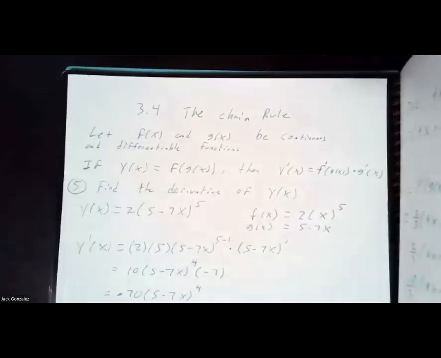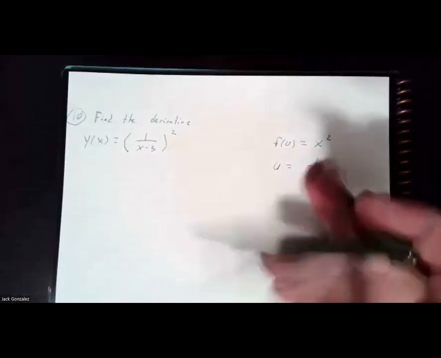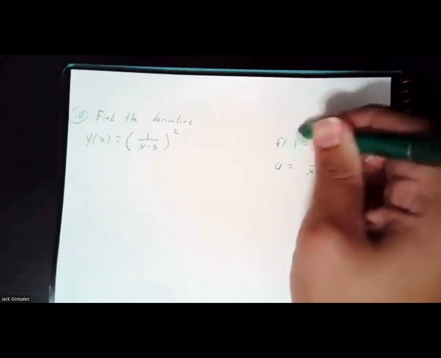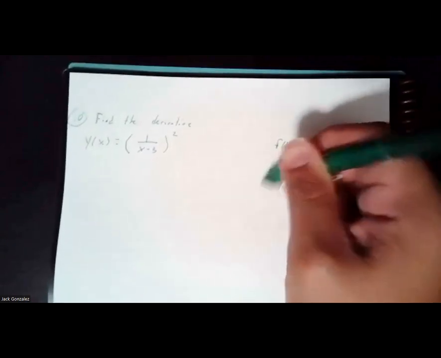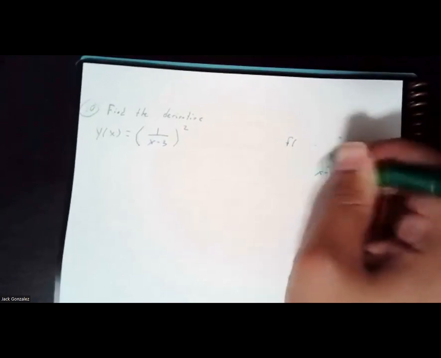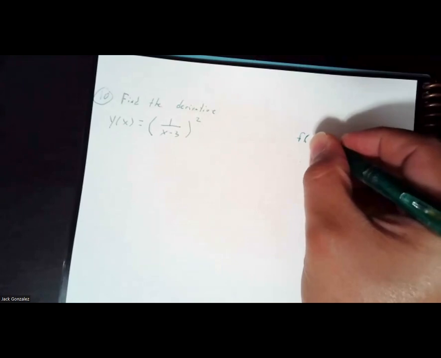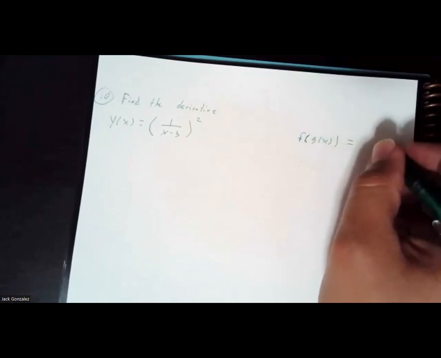Stay consistent here. Let's just keep it simple. I don't want to mix and match too much. So the outer function we'll just call f.